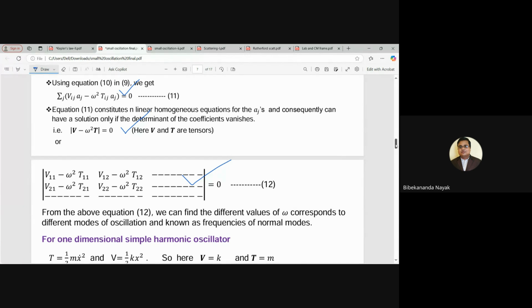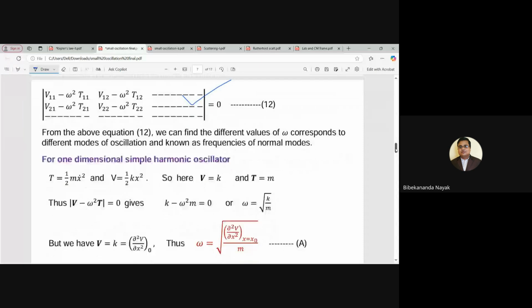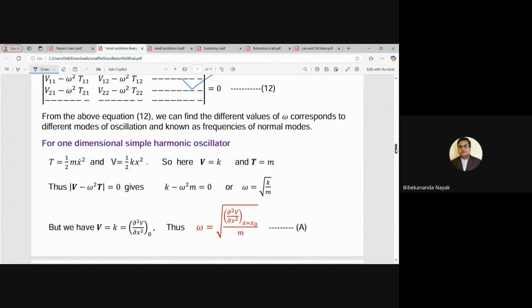Come to the one-dimensional problem. It is generally asked. For a one-dimensional problem, the kinetic energy is half m x dot square. For a harmonic oscillator, its potential energy is half k x square. So here this equation represents one dimension, so there is no component, only V minus omega square T is 0.